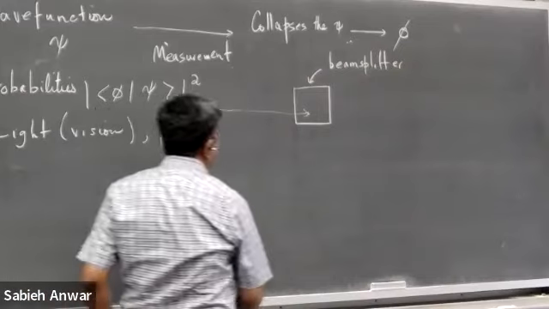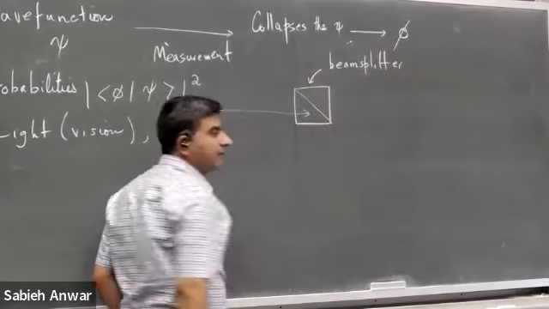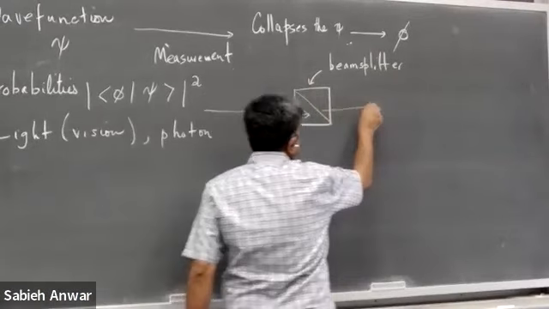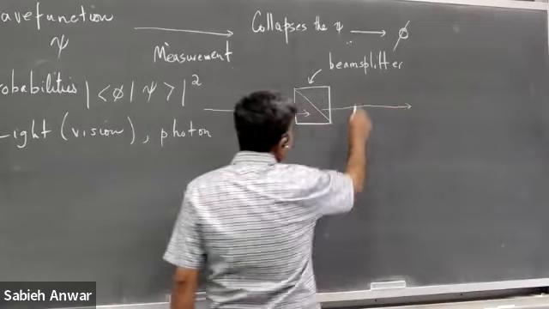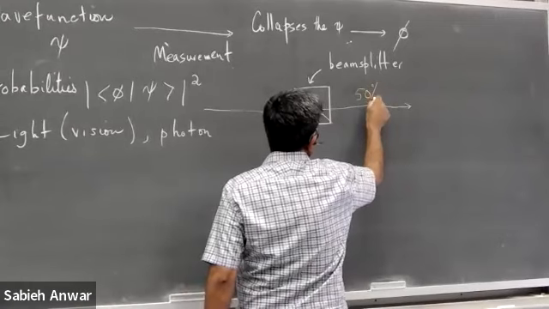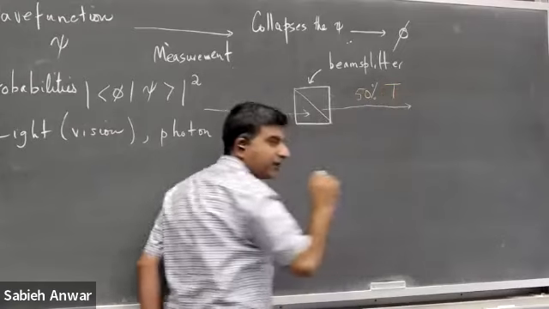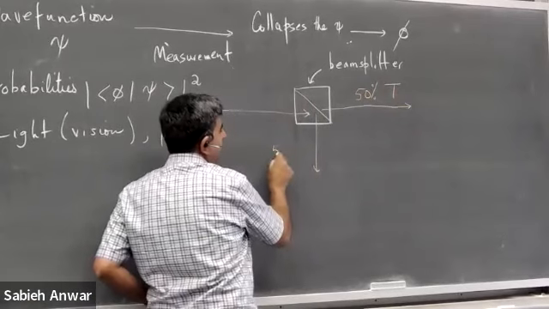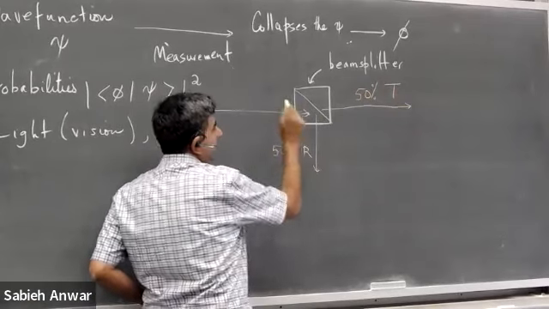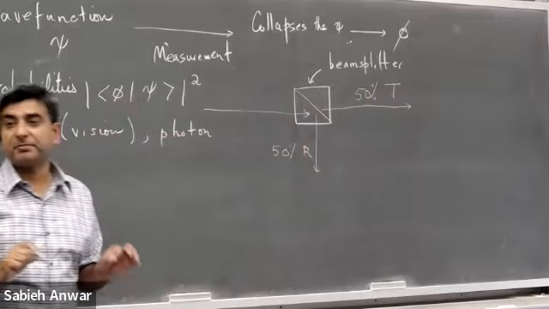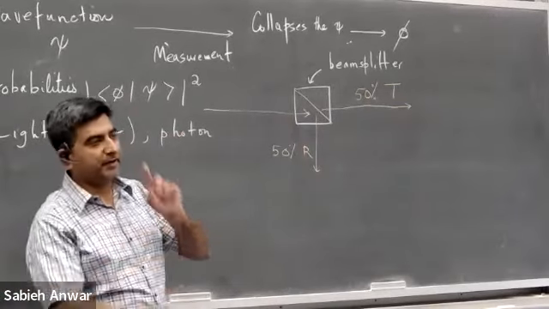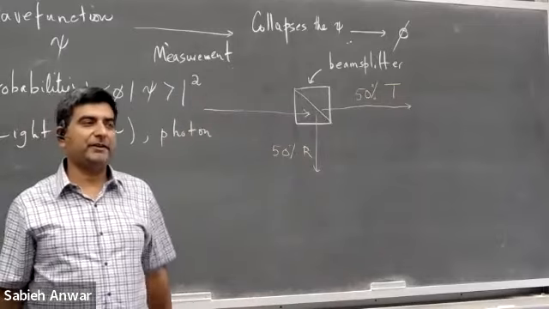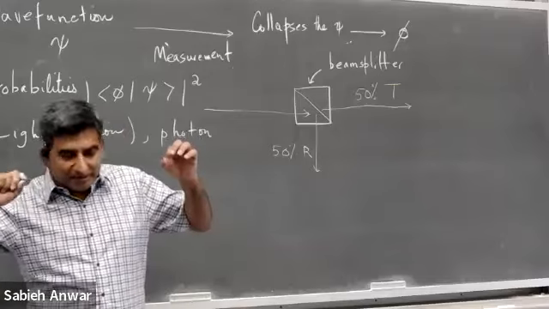What the beam splitter does is that if a photon comes in, it transmits the photon, lets it go straight through with a 50% probability, 50% probability of transmission, and it reflects the photon with a 50% probability. So it's a perfectly balanced beam splitter. It splits the incoming beam into two parts, transmits and reflects with equal probability. And we've engineered it such that the probability is always equal.